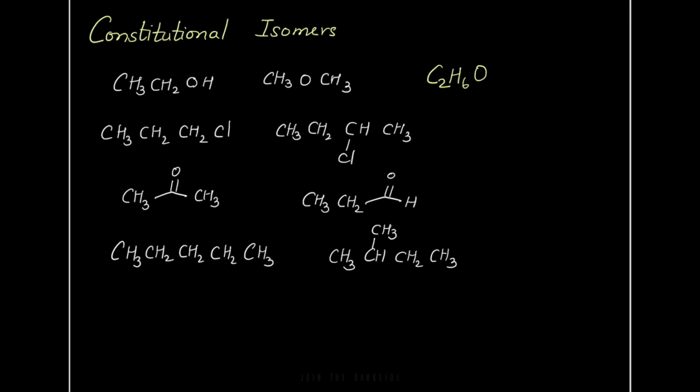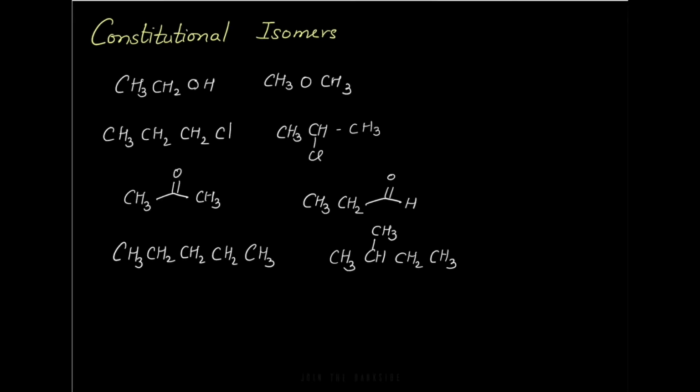We have propyl chloride, N-propyl chloride, and constitutional isomers. Now we have two examples to begin with. We have ethanol and we have dimethyl ether.